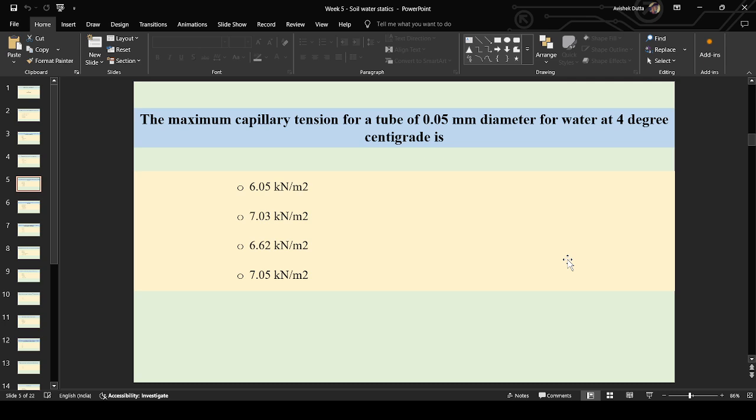Your options are 6.05, 7.03, 6.62, 7.05, all in kilonewton per meter square.